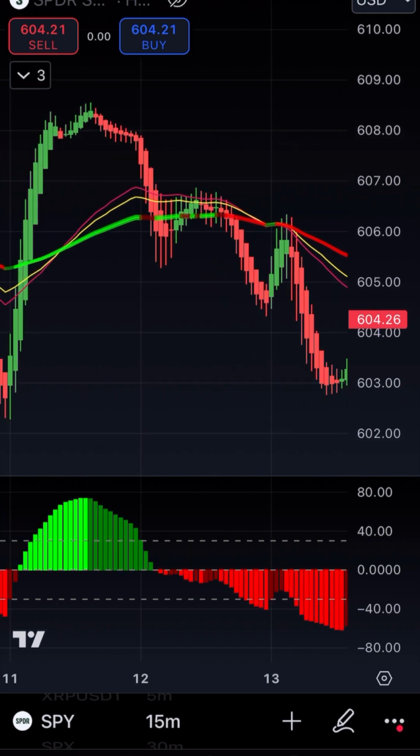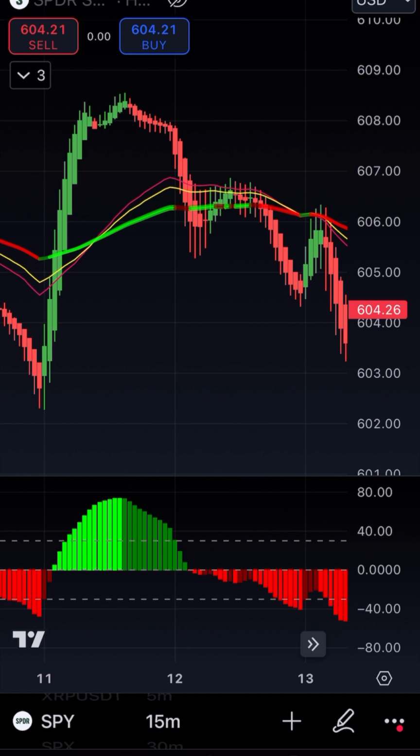So you want to get in on the moments when the 20-25 crosses for a call. You want to be focused on when the 20-25 is crossing up through the 90-95. If you're in an uptrend, you want to focus on the 20-25 crossing up.